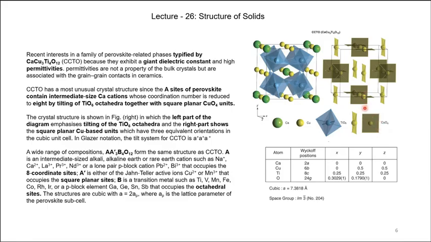I have also been discussing the space group. If we discuss the three-dimensional structure, we mean one of the space groups also. For this CCTO type of structure, the space group is Im-3, number 204.